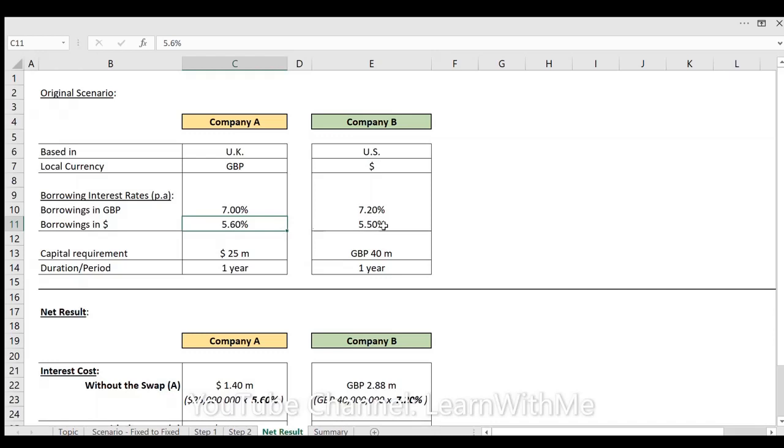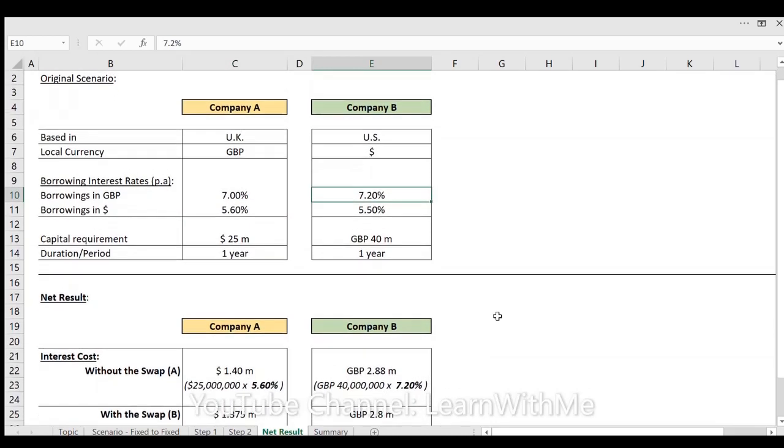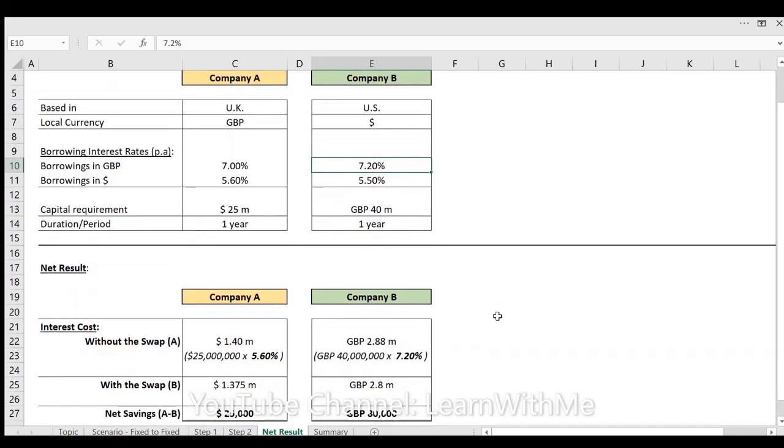And with the swaps, as we saw, this is the interest expense. So there's a saving if you see, with and without. The interest cost is definitely lower in case of the swap arrangement.